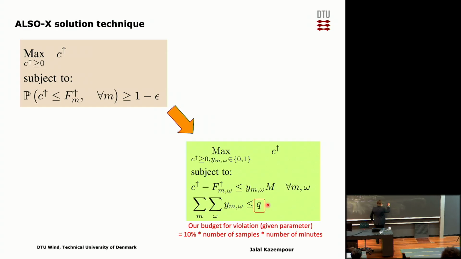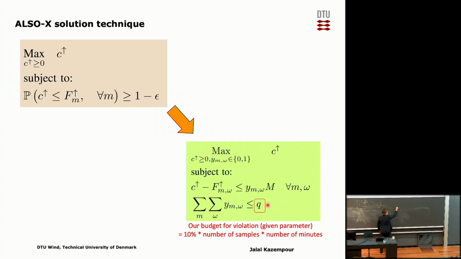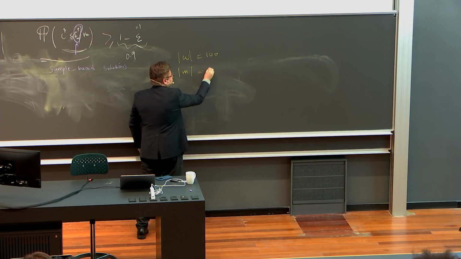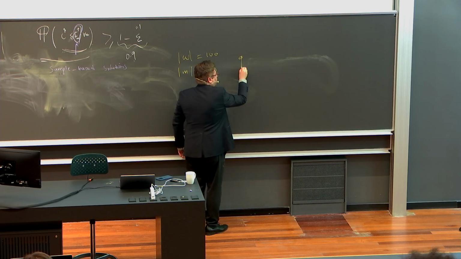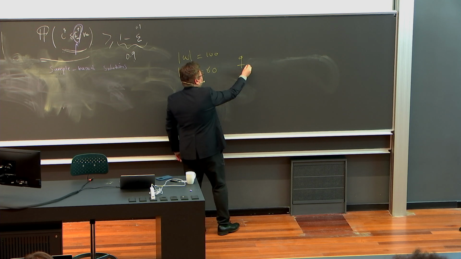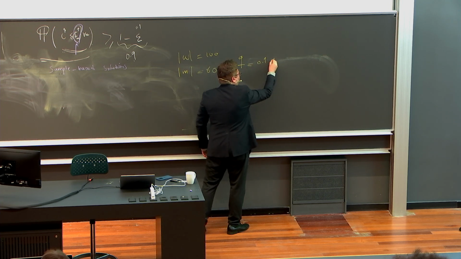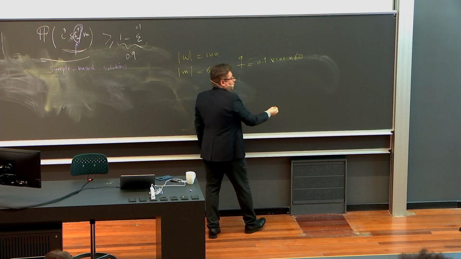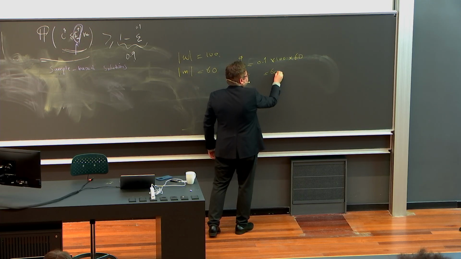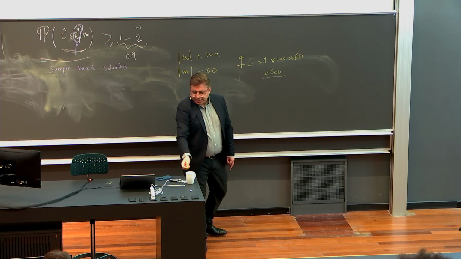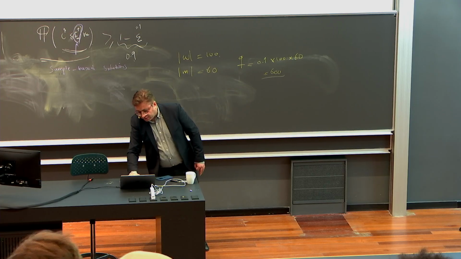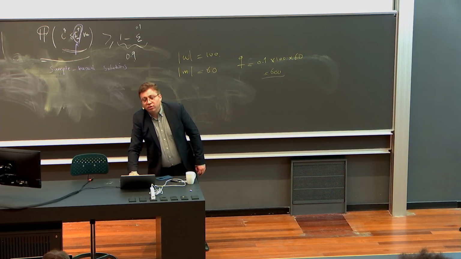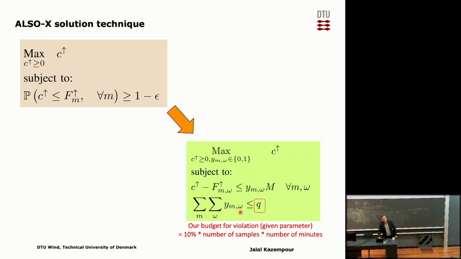We have 60 minutes, so how many times we can violate is 10% of 100 times 60, which becomes 600. So it means that 600 of the times y can take value 1 over different minutes, over different scenarios.